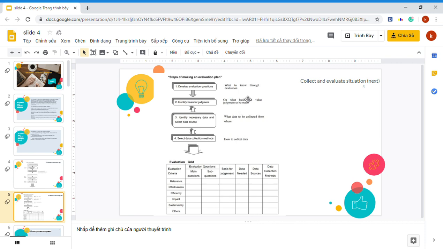What to know through evaluation, on what basic values, and the method: what data to be collected from where and how to collect data.